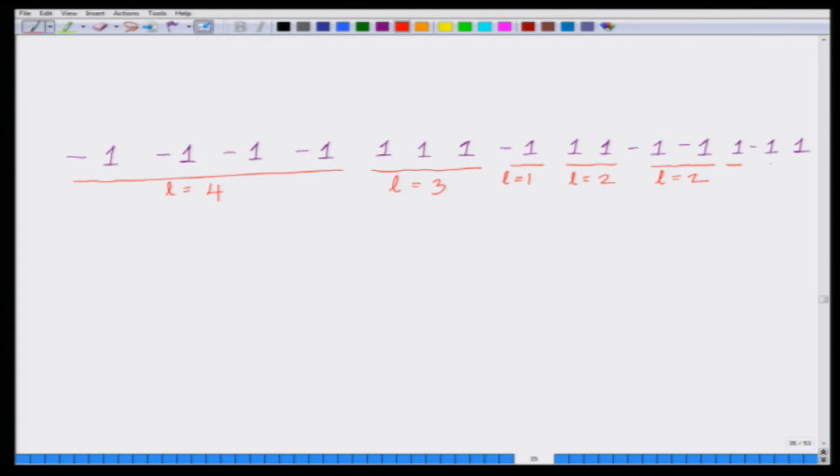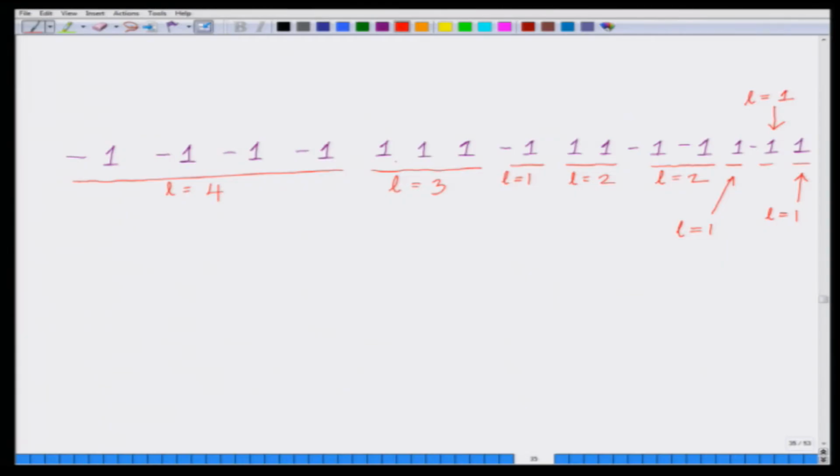Then the rest of the strings, I have 3 strings of 1, minus 1, 1, and each of these is of length L equal to 1. So, I have the first string which is of 4 minus 1s, so the length is equal to 4.